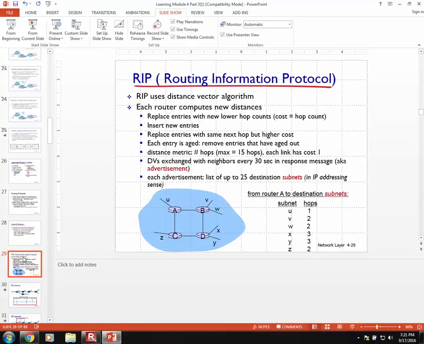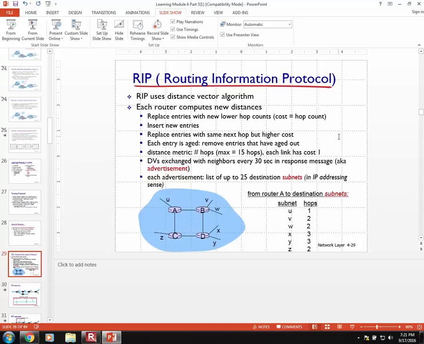So RIP uses a distance vector algorithm, and if you've forgotten what that is, you can take a look at the notes. We have an additional material and kind of review that. And within RIP, each router computes new distances, and it basically replaces entries with new lower hop counts. So now instead of cost, we basically have hop count.